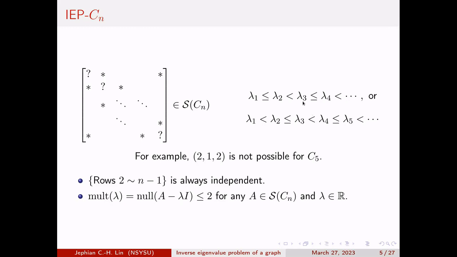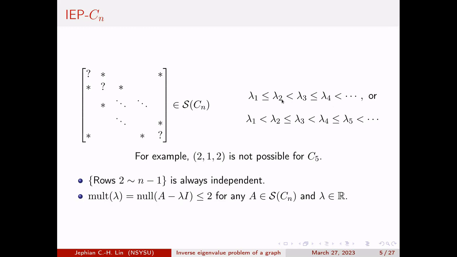Another way to think about this is that if you have an eigenvalue of multiplicity 2, say for example lambda 1, lambda 2, this is one eigenvalue of multiplicity 2. The other eigenvalue of multiplicity 2 must be 5 and 6. And the number of eigenvalues in between must be an even number.